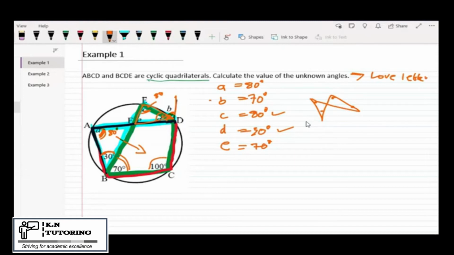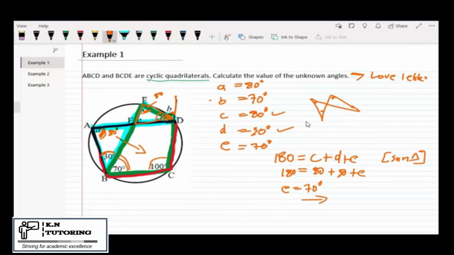So you're going to have 180 degrees equals C plus D plus E, sum of angles of a triangle. C is 80, D is 30, and plus E. So you're looking for E, then you solve for E. This was basic algebra. E will be equal to 70 degrees.